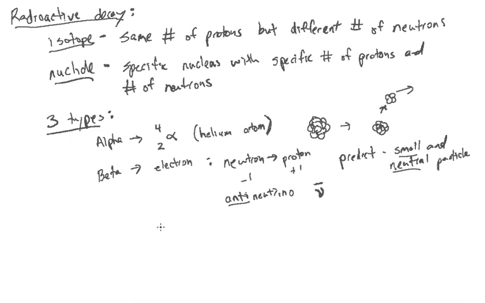Well, there's another kind of beta decay, and it's when you have an anti-electron. And this anti-electron is also called a positron. And this positron is the same as an electron, except it's positively charged. It's a positively charged electron. So when this occurs, you are ejecting a positive charge.